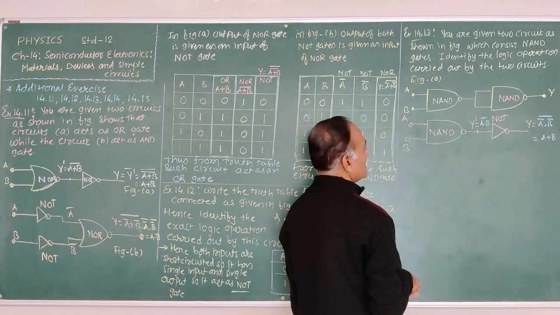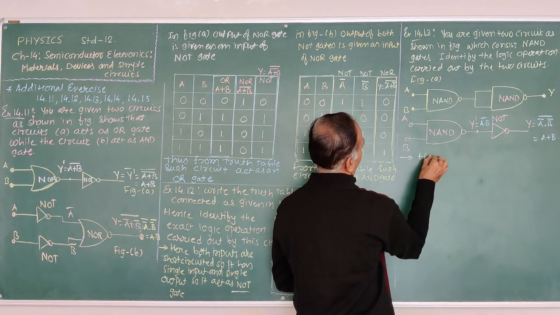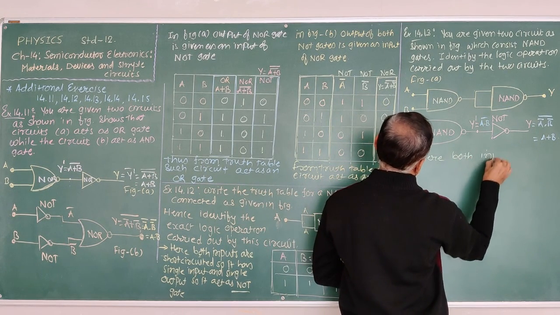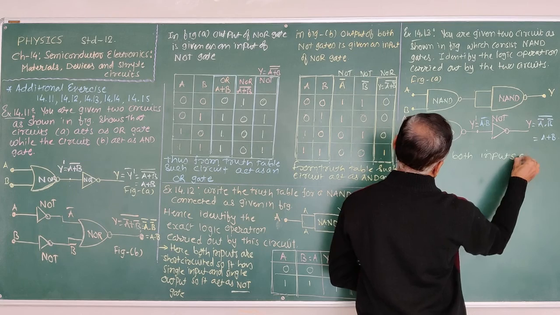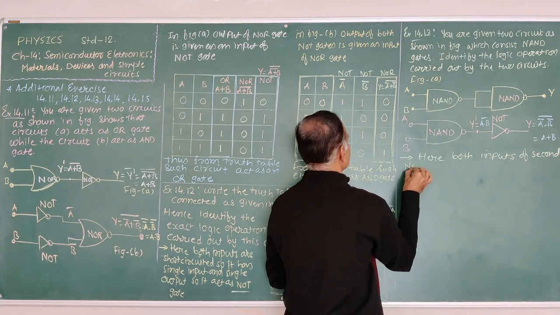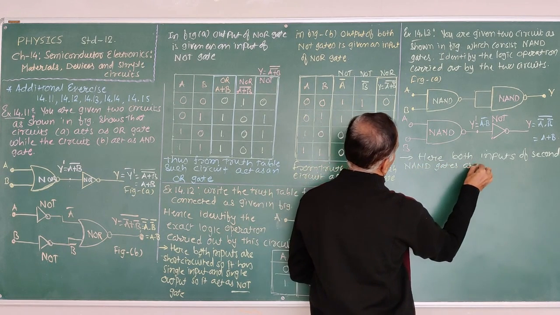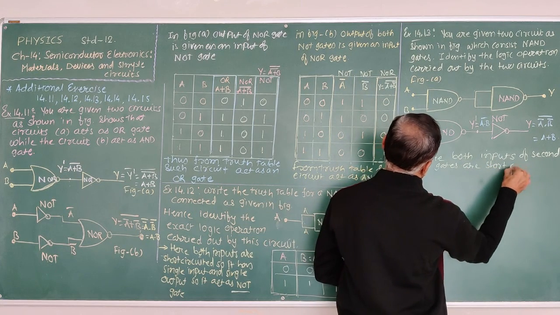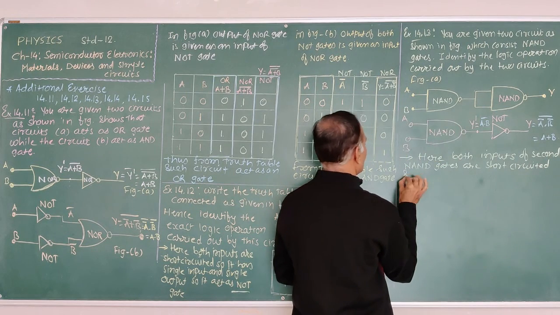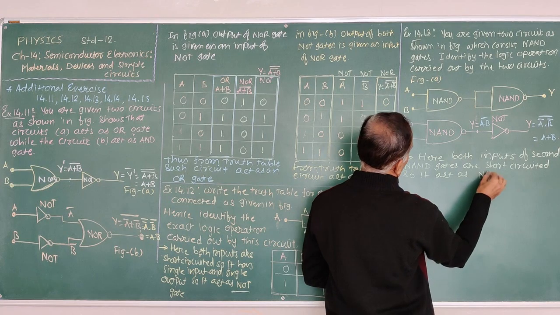Now we check it from the truth table. So we prepare the truth table for the given operation. First, both inputs of the second NAND gate are short circuited, so it acts as a NOT gate.